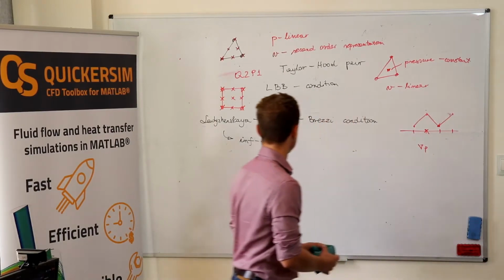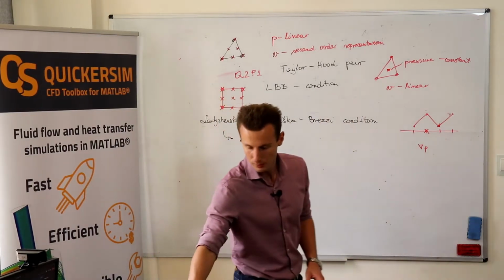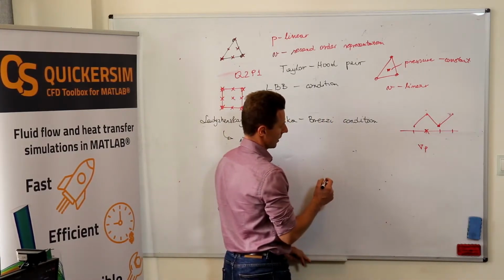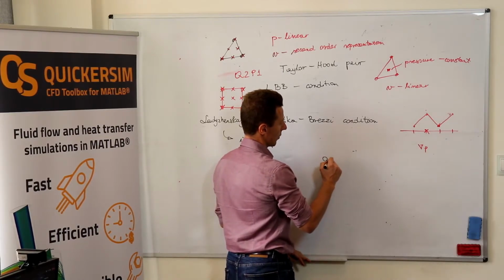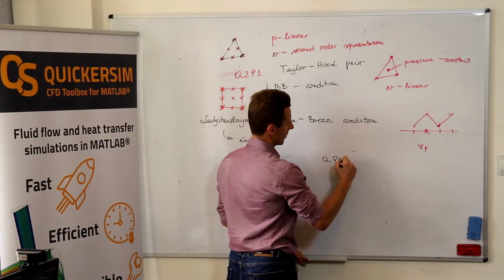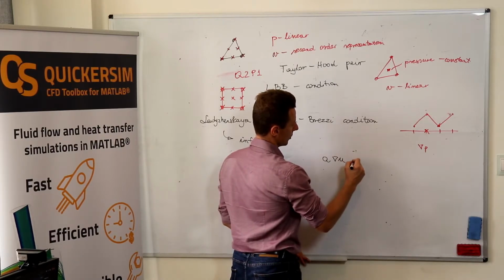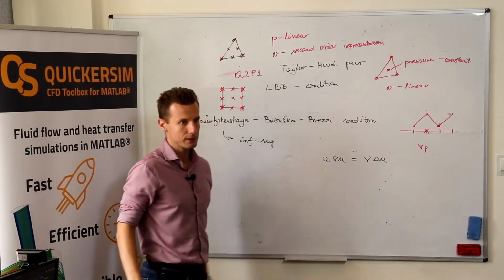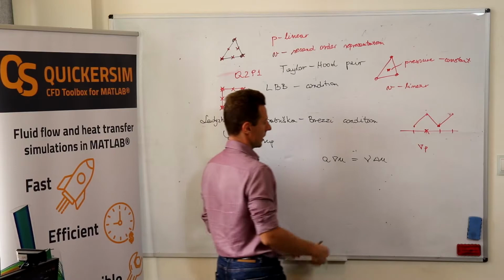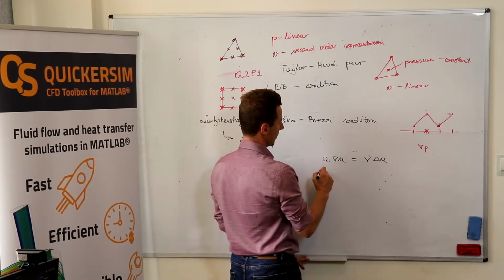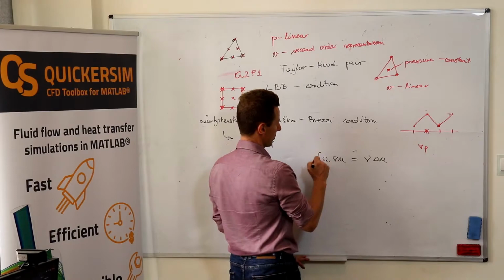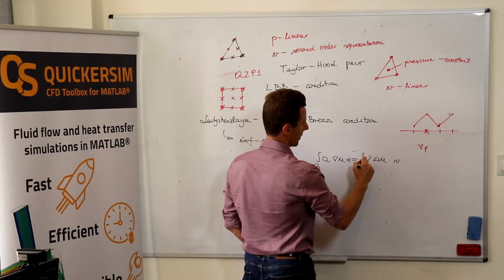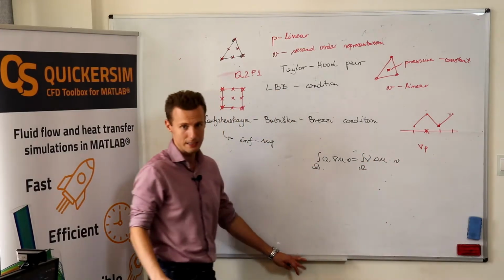The idea is the following. Imagine for a while that we want to solve something like that, steady case. If we generate the weak form, well, what do we do? We need to multiply by the test function. That's actually it.